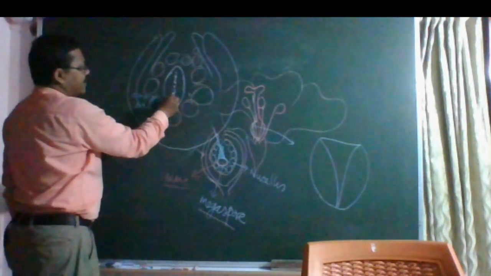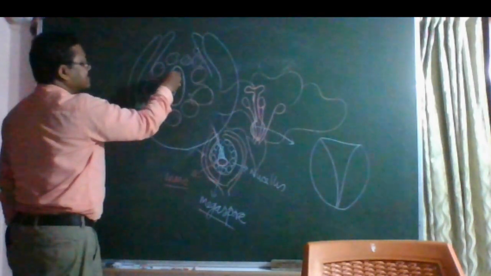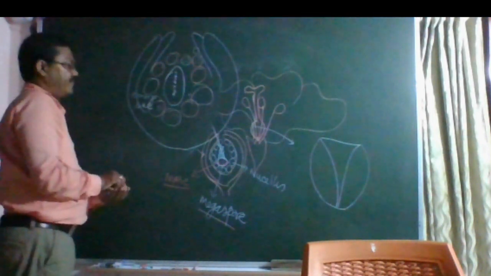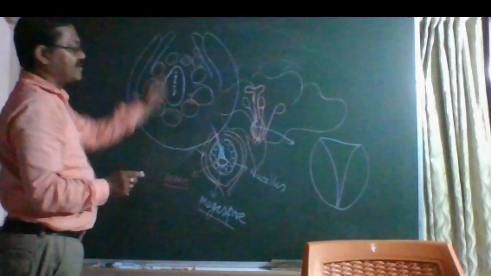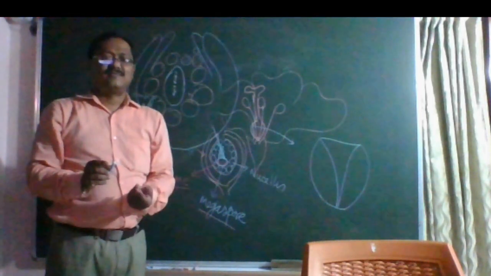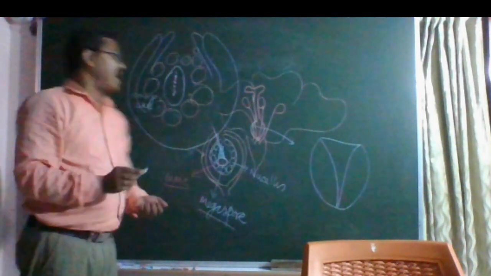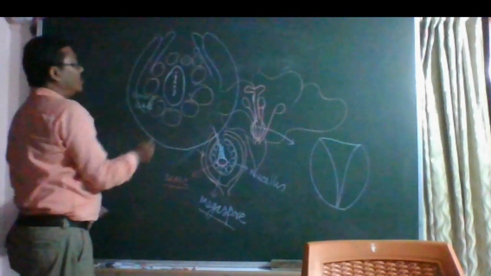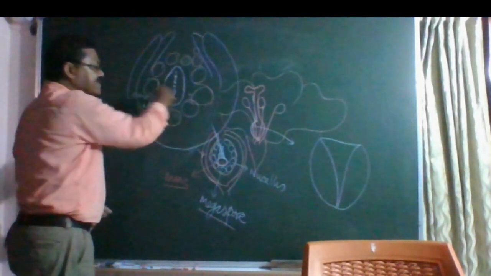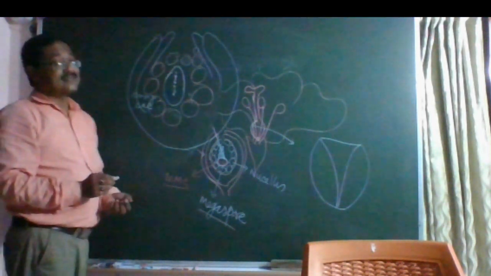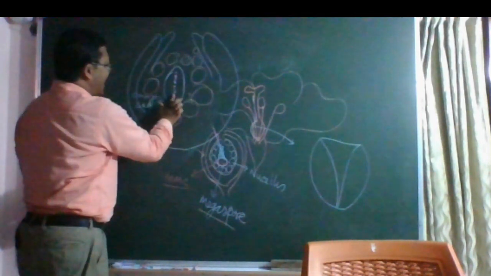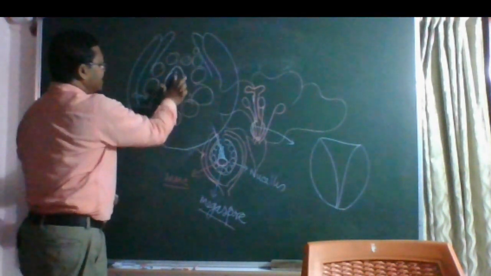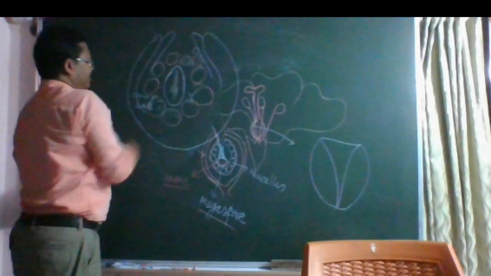This embryo sac contains 1, 2, 3, 4, 5, 6, 7, 8 nuclei, and these 8 nuclei later converted into 7 cell stage.